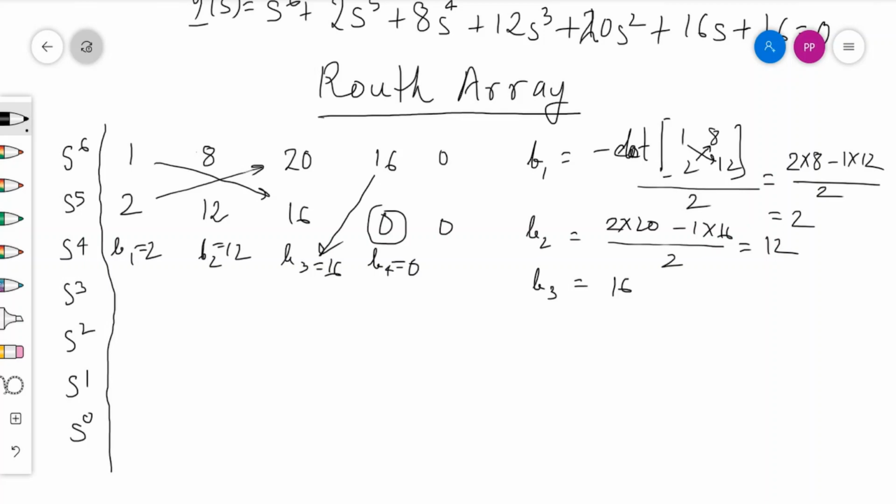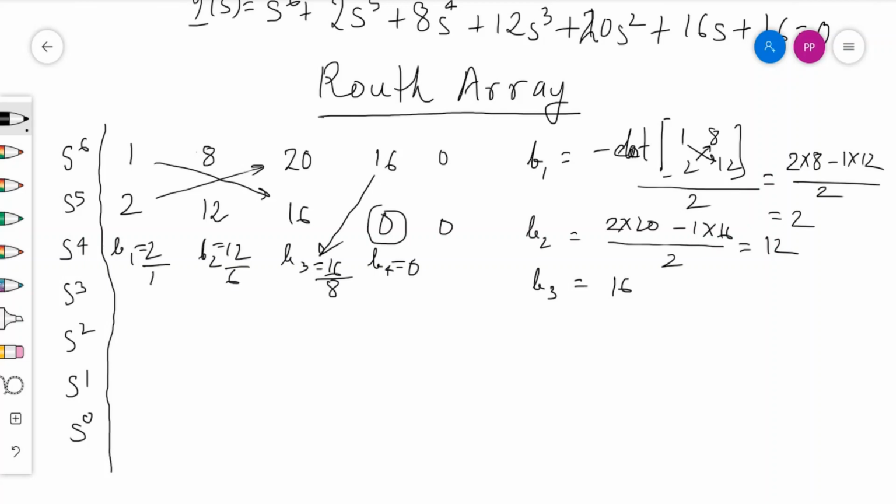Now next is c1, c2, c3. Before we go for the coefficients of s cube, we see that 12 and 16 have a factor 2 in common, so we can divide by 2 and make it a little simpler, so it becomes 1, 6 and 8.